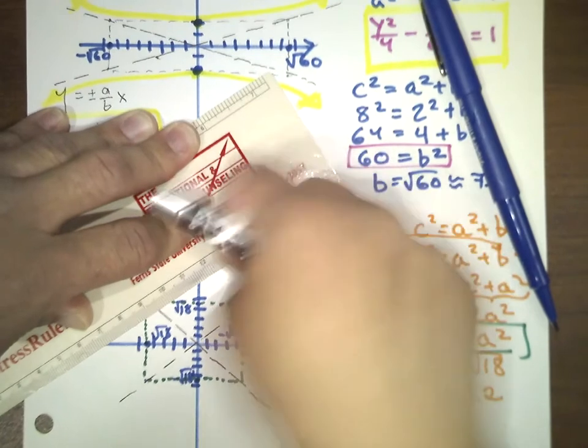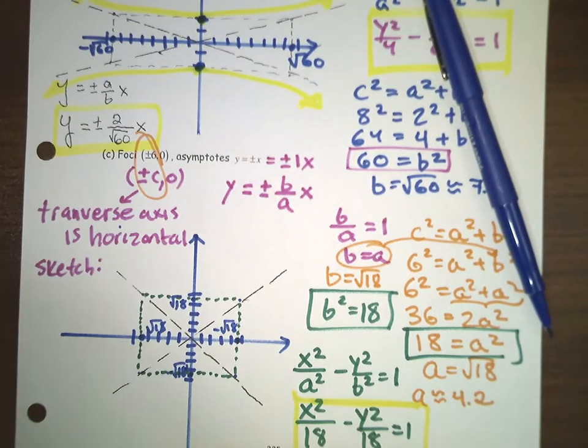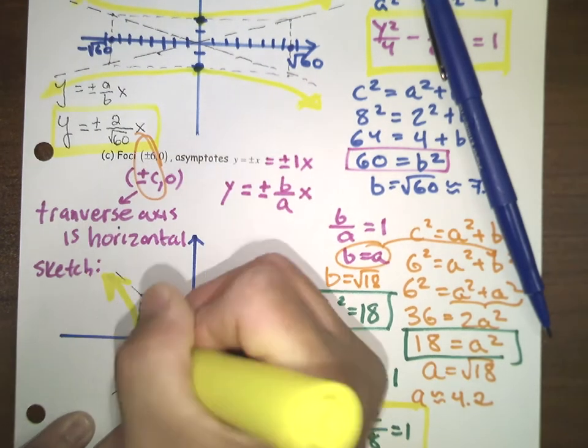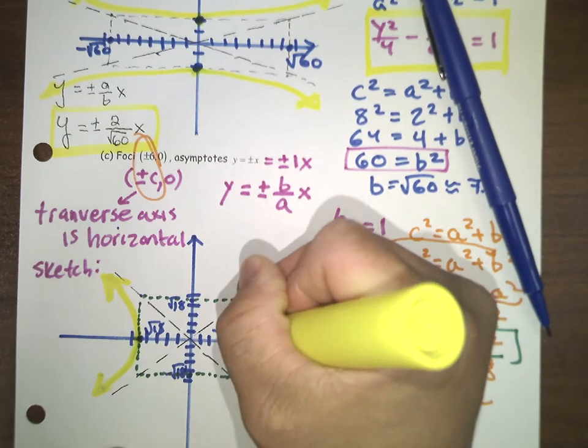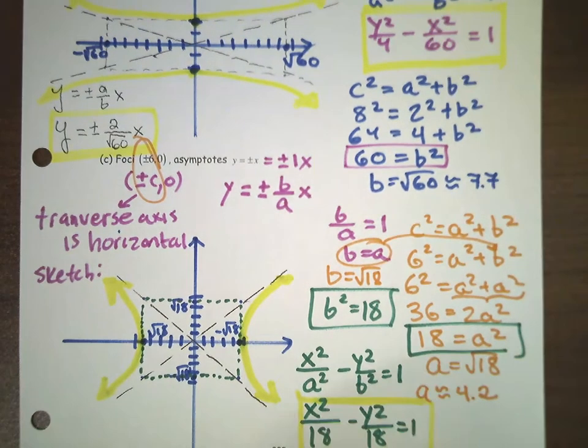And then the hyperbola will start at the vertex and then pan out toward the asymptotes like this. Start at the vertex, pan out toward the asymptotes. And that's it.